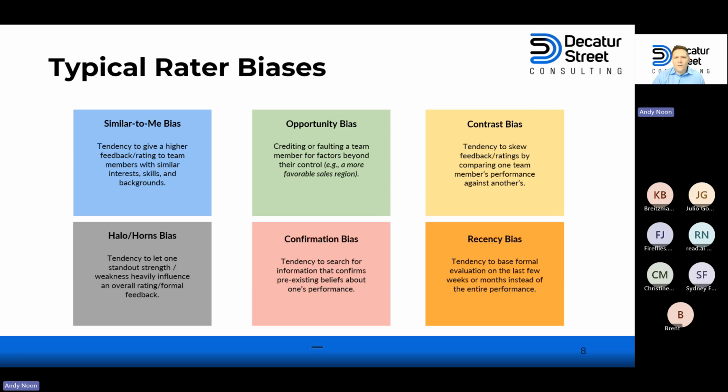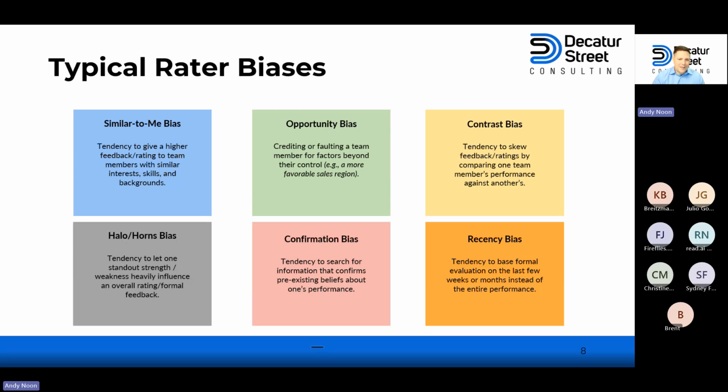But you have all kinds of other things, from opportunity bias. That's the idea when certain people have certain jobs that maybe make it easier for them to be successful. So, for example, if you have an individual who's in a region that is just exploding because of something outside of the control of the leader, they're going to look really, really positive. Comparing people to others in terms of contrast bias is another one.